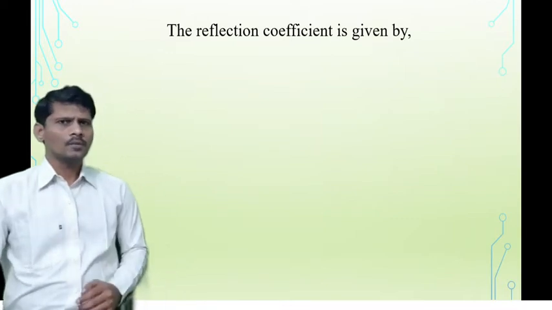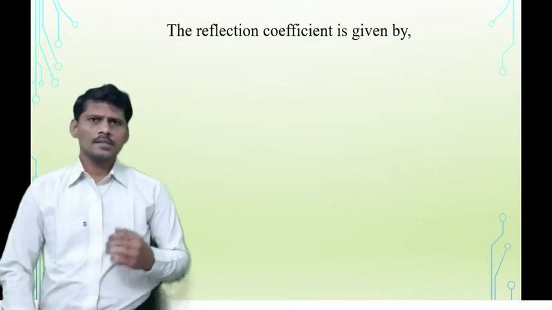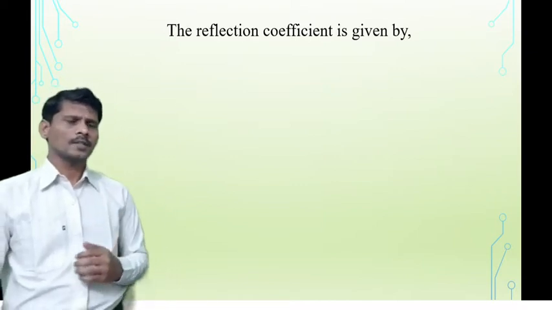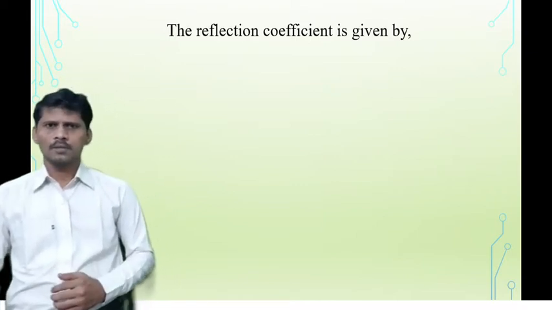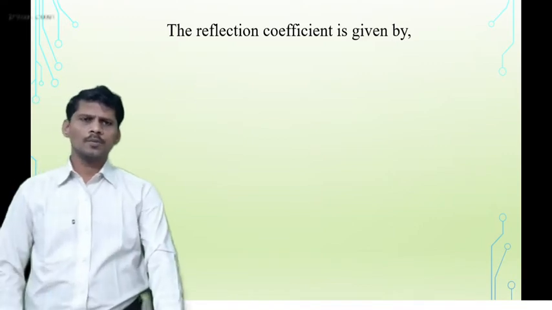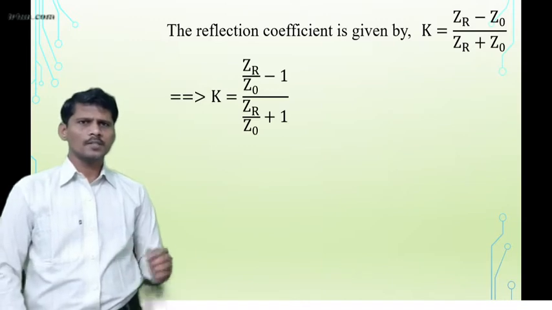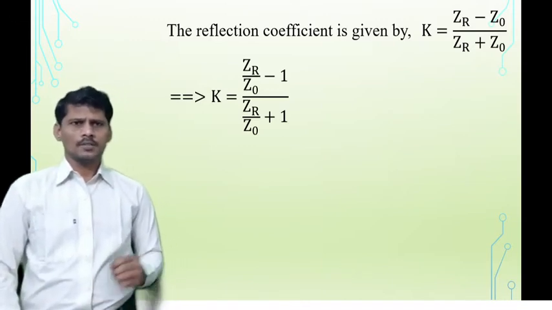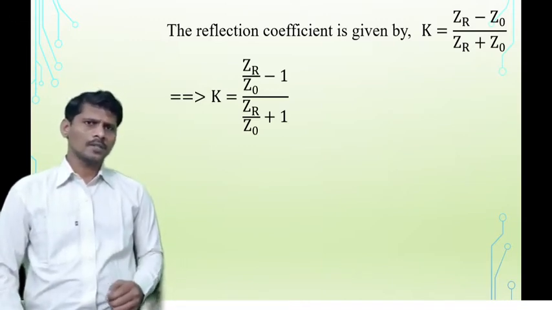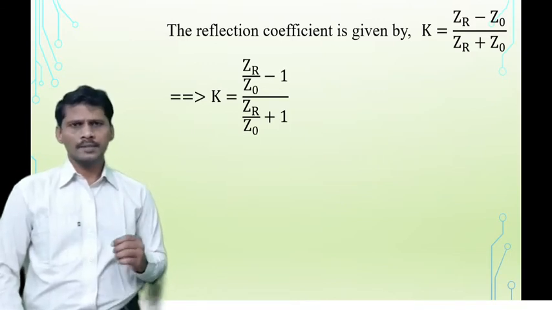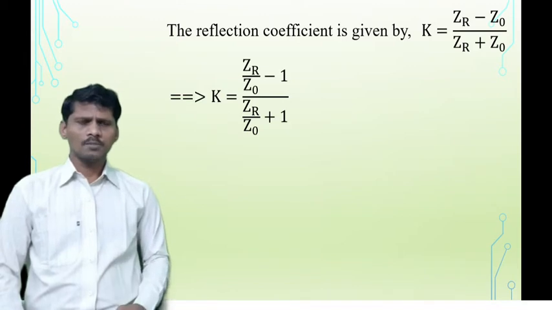Next, derive the constant R circles and constant X circles. What are the constant R circles and constant X circles in the Smith chart? We know that the reflection coefficient is defined as K equals ZR minus Z0 by ZR plus Z0. In that equation, the numerator and denominator on the right-hand side are divided by the characteristic impedance Z0.